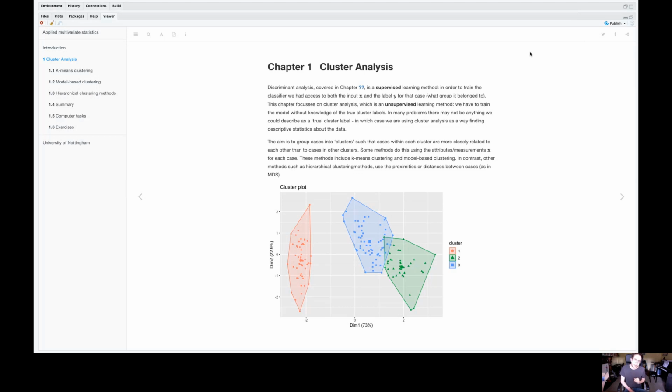Now in cluster analysis, the aim is similar, but in this case, it's an unsupervised method. What that means is we are not given any of the labels Y. So we're given lots of data on individual cases, and we want to say, are there natural clusters here? Does it look like the data come in groups, in clusters?